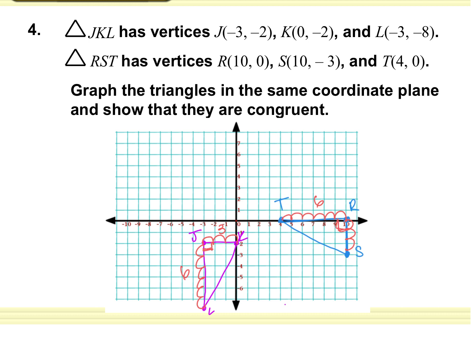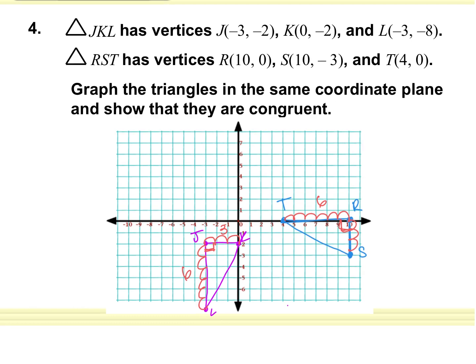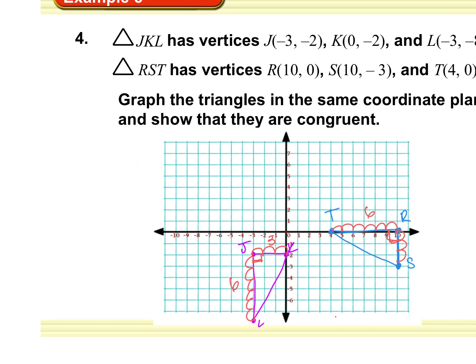How do I find the units for my diagonal line? How do I find the measurement of a diagonal line? I can't just count the squares for this one. So how would I do this? What do I have to use? There's a formula that I have to use. Good.